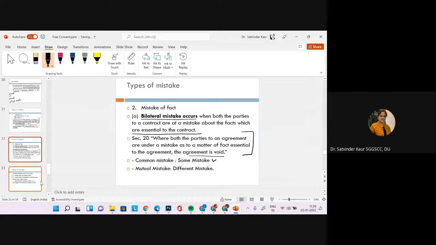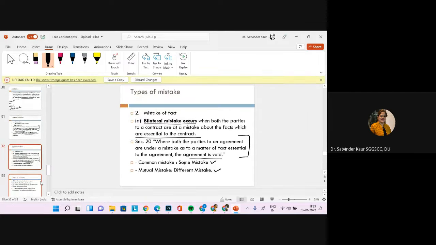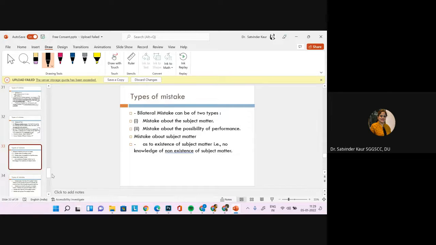Mistake can be a common mistake or a mutual mistake, where one party is making a mistake related to one aspect of the subject matter and the other party is making a mistake related to the other part of the subject matter. So bilateral mistake can be of subject matter or about the possibility of performance.